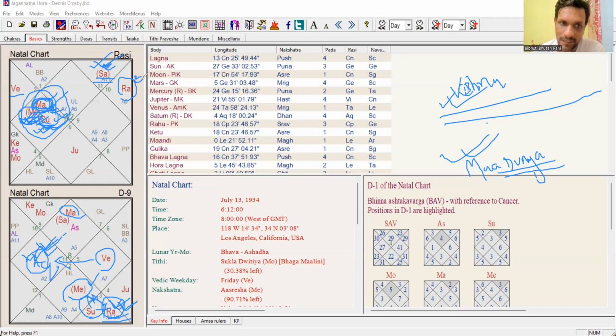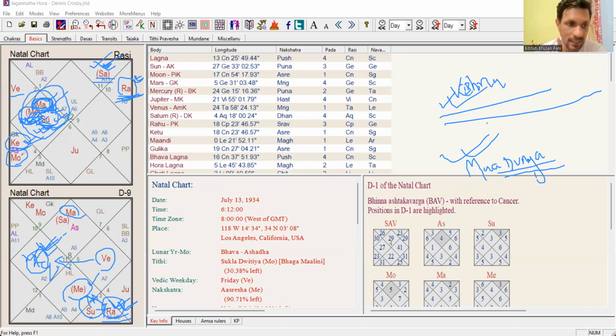So we can say that this native may have some kind of out of the box friends, or foreign friends, or friends which are normally not accepted by society. And in the 5th house we have Moon along with Ketu.